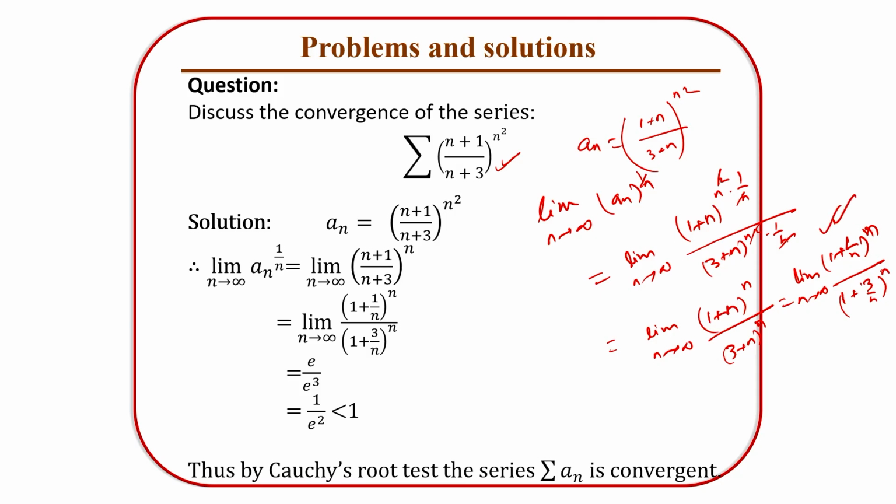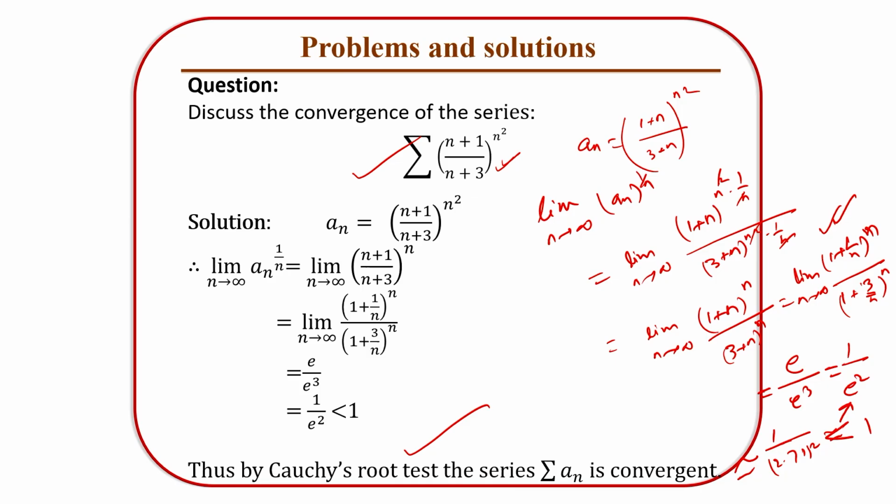The value of this is e, and the value of this is e cubed, right? So this means cancel out. So this will be e to the power minus 2, and what will be the value of e? Roughly it is 2.71, squared, and the value of that roughly is coming out less than 1. So by the Cauchy root test, the series which is given here is a convergent series.